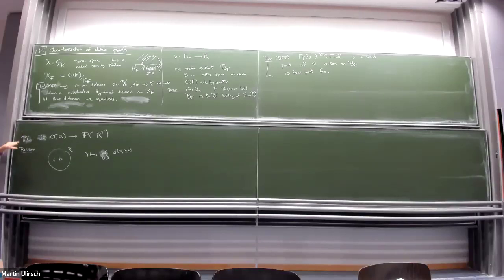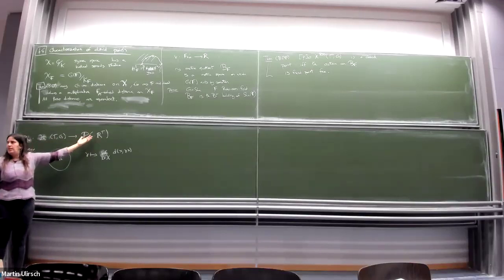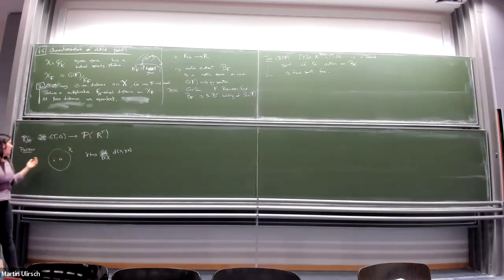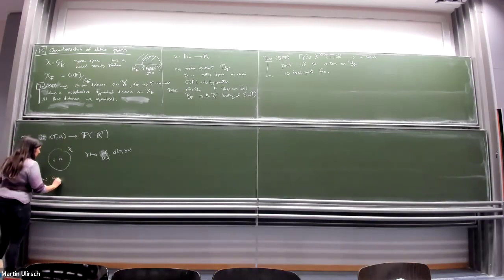This gives me a way of mapping the character variety into some infinite dimensional projective space. And Parreau proved that this has a compact closure. And this gives a way of compactifying.